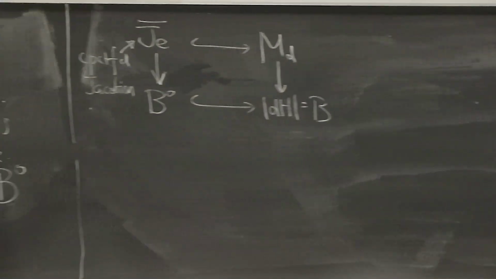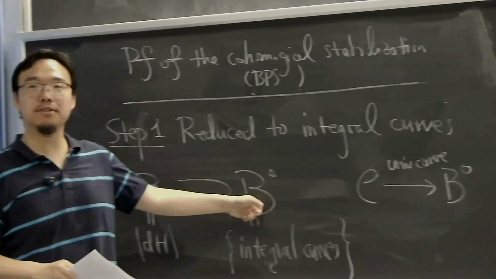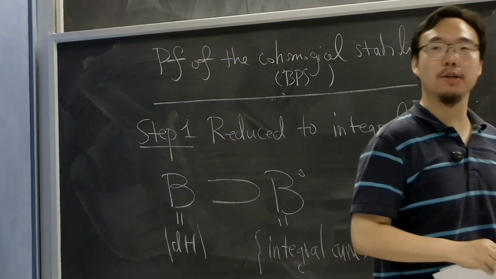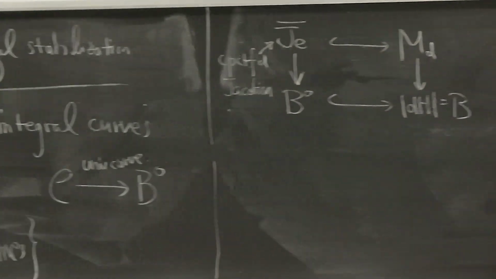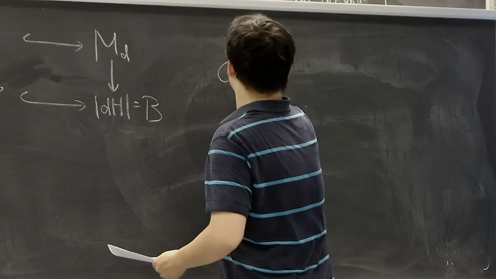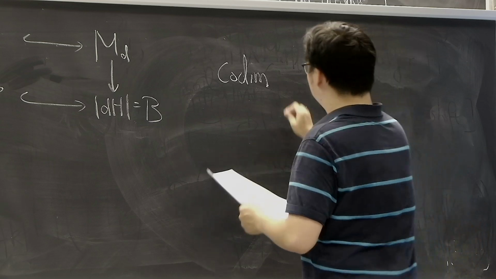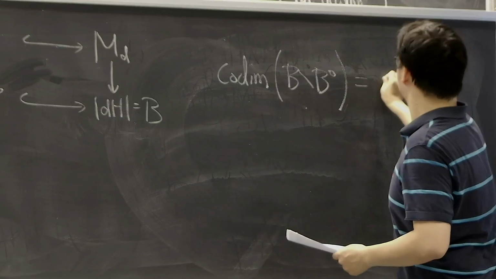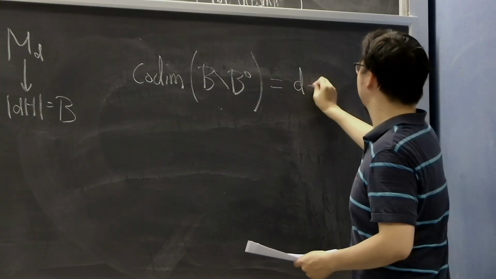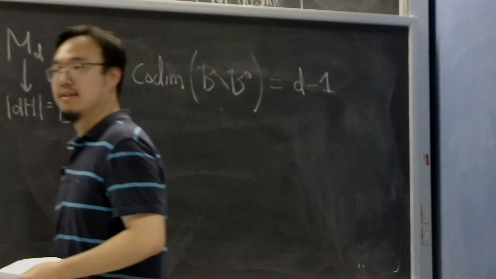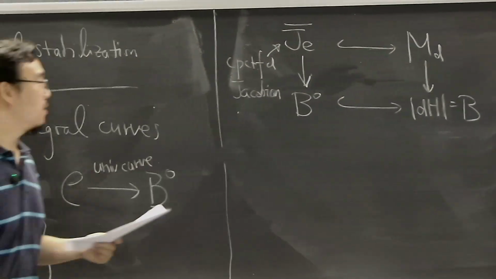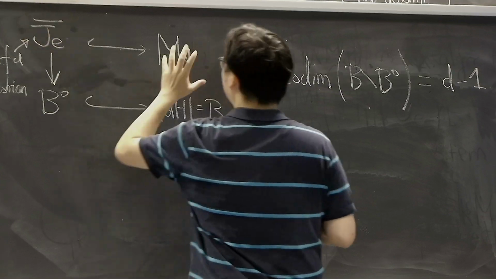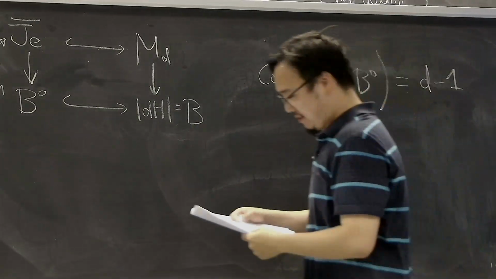But if we allow ourselves to consider not only smooth curves but integral curves, then the boundary becomes much smaller, and this is an easy exercise which says that the boundary of integral curves has codimension dependent on D.